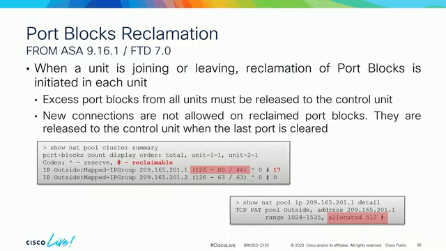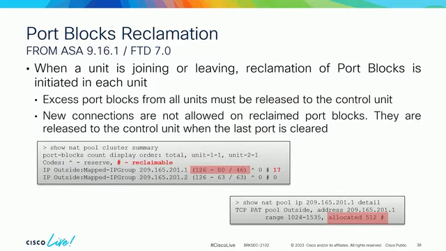Units that have ports marked as reclaimed will be unable to allocate new connections in these port blocks. When the port blocks get free, those units will have to return the port blocks to the control unit. And the control unit will reserve those port blocks for new units when joining the cluster.